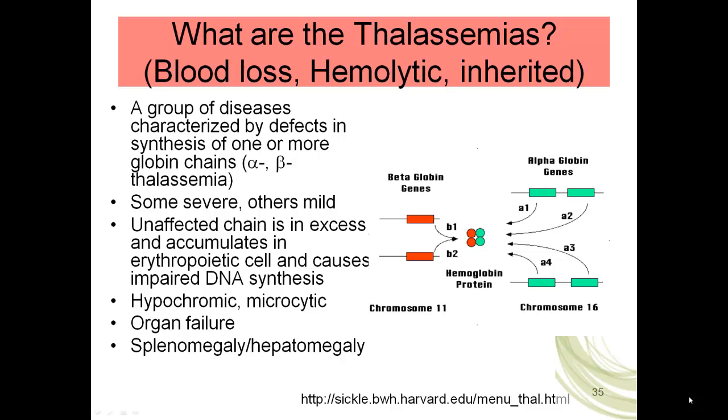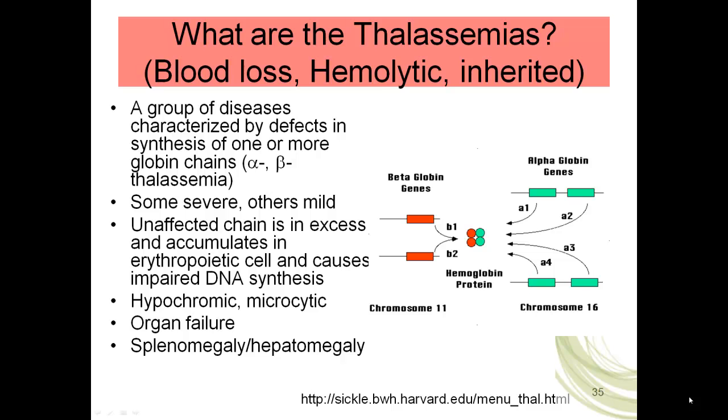Moving on to a type of blood loss would be through having thalassemia. Now, in this case, this is still hemolysis, so it's still blood loss, it's hemolytic, but it's not acquired. In this case, it's inherited. Now, there are two broad classifications of thalassemia.